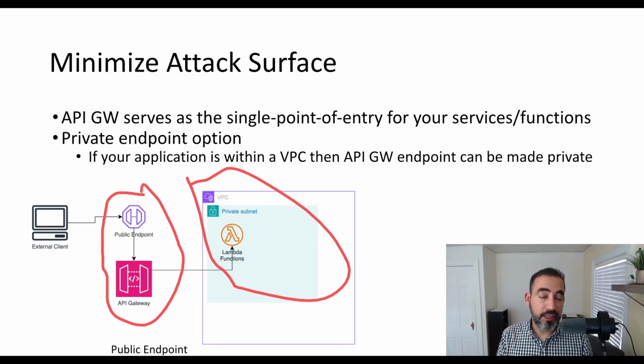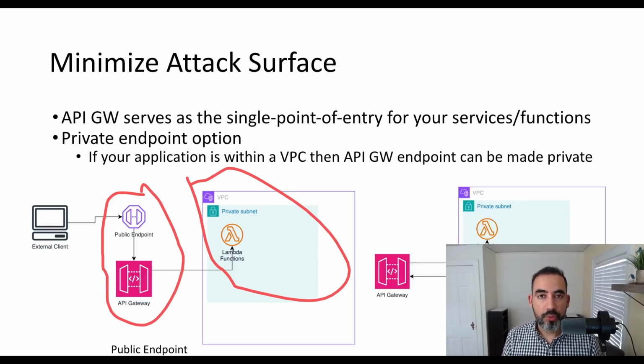Now, there is another additional security that you can incorporate here, and that is the possibility of using a private endpoint for your API Gateway. So your API Gateway would not be accessible publicly.